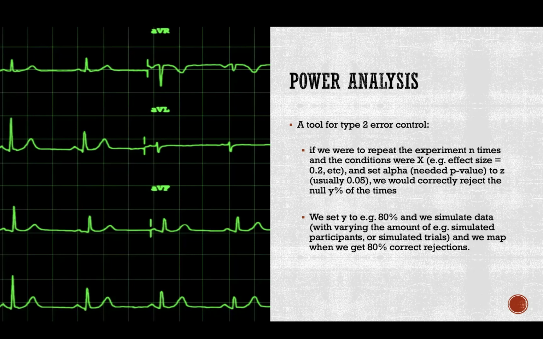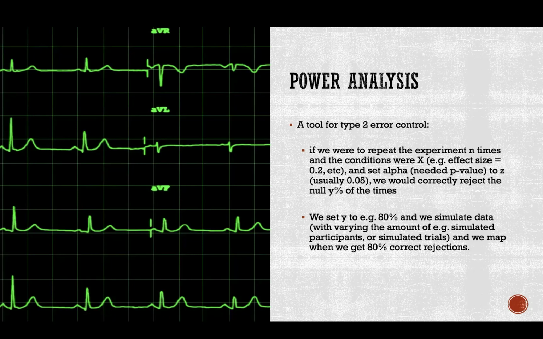We simulate data varying the amount of simulated participants or simulated trials, and then we map when do we get 80%. So we might have 10 participants, 100 trials. We run 1,000 simulations with a difference between two conditions of learning rate of 0.1. We keep everything else fixed, the same tau of 5, whatever.